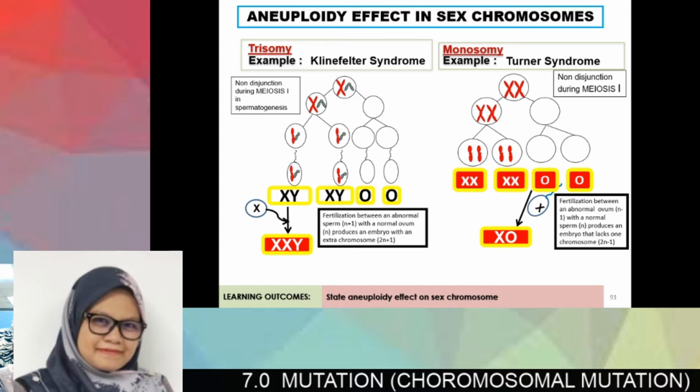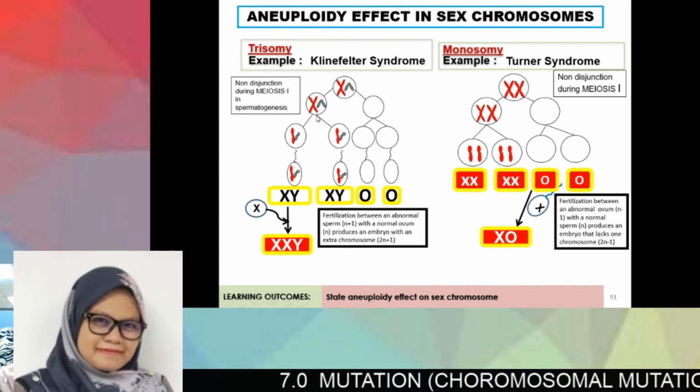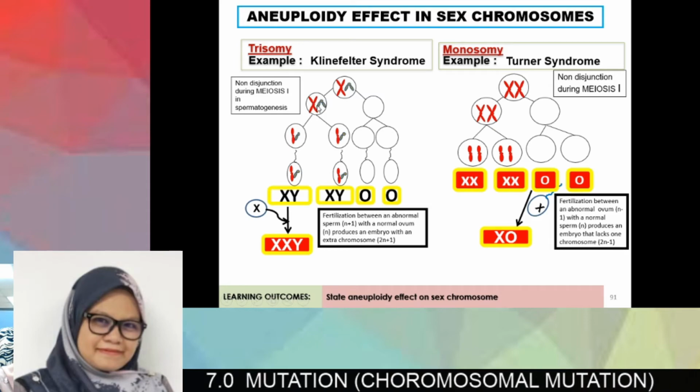Okay, in Klinefelter syndrome, the non-disjunction occur during meiosis 1 in spermatogenesis. So kita boleh nampak the chromosome X and Y is failed to separate during meiosis 1. So it will cause that the sperm will carry X chromosome and Y chromosome.